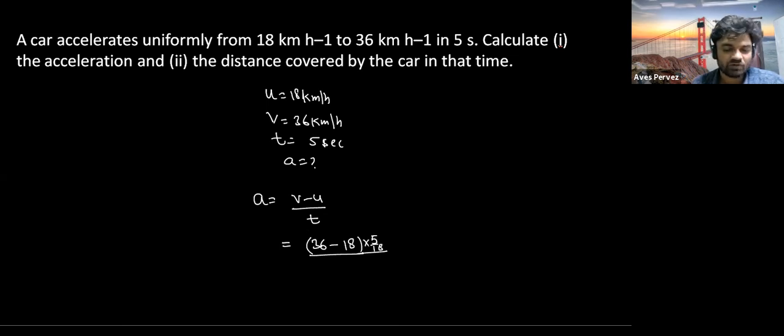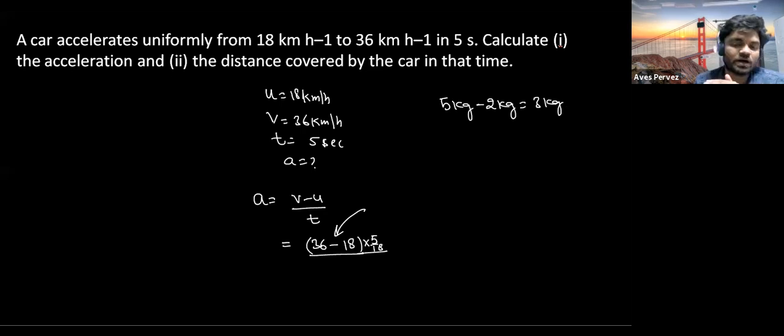If I subtract kilometer per hour from kilometer per hour, the answer will be in kilometer per hour. If you have 5 kg apples and you give 2 kg to your friend, the remaining answer will be in kg also. It will not be converted into grams or milligrams.